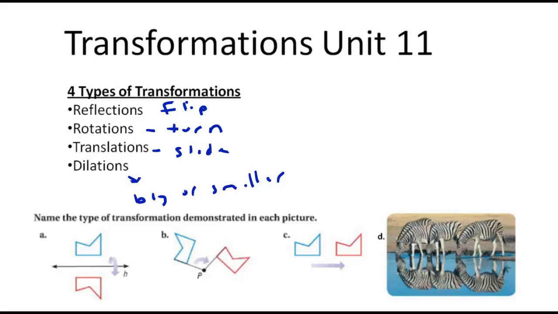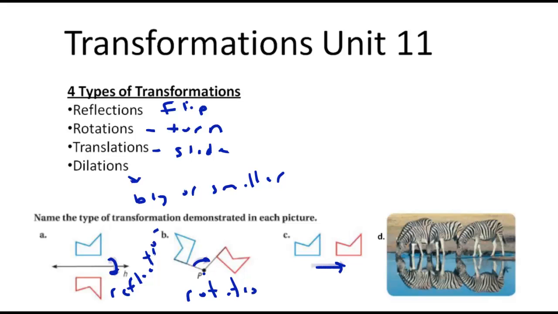So right here, they just wanted to see if you could remember what they were. Name the type of transformation demonstrated in each picture. This one right here, we took it and we turned it. We reflected it across the line, so that makes it a reflection. On B, we took it and we turned it about a point. That makes it a rotation.